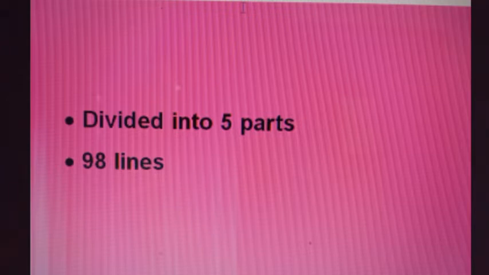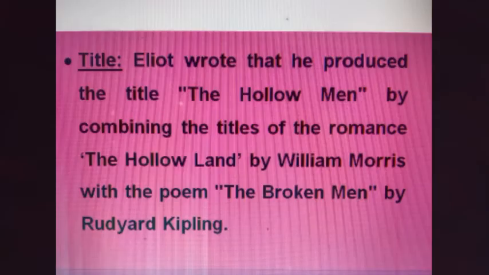Now the title, The Hollow Men, is taken from the writings of 2 writers. Eliot wrote that he produced the title by combining the title of the romance book The Hollow Land, written by William Morris, and another poem titled The Broken Men, written by Rudyard Kipling.